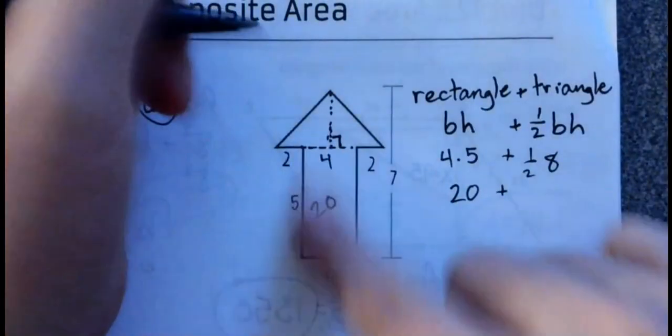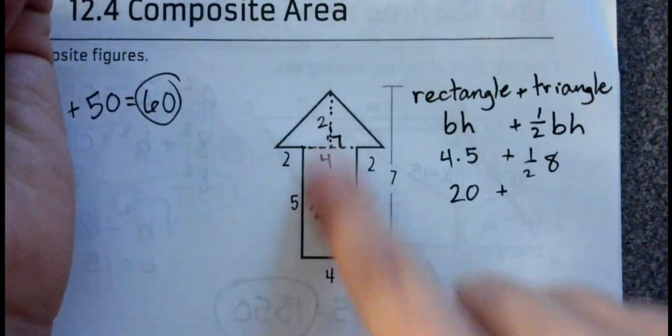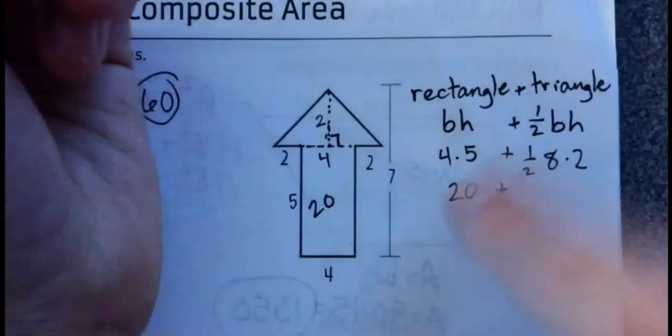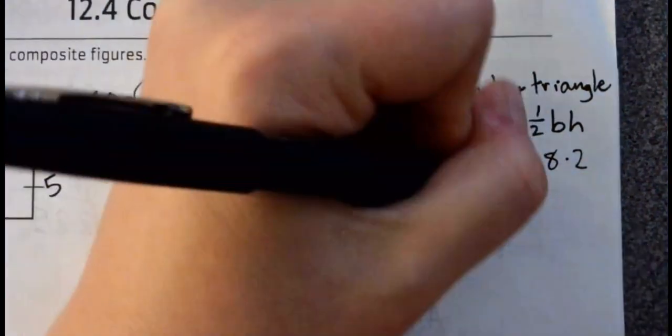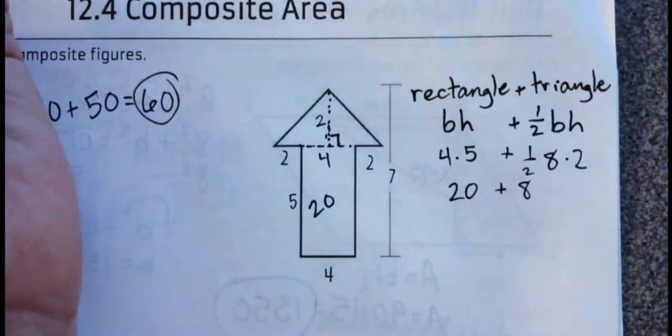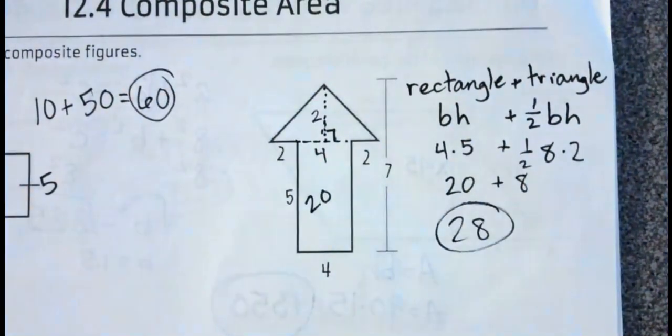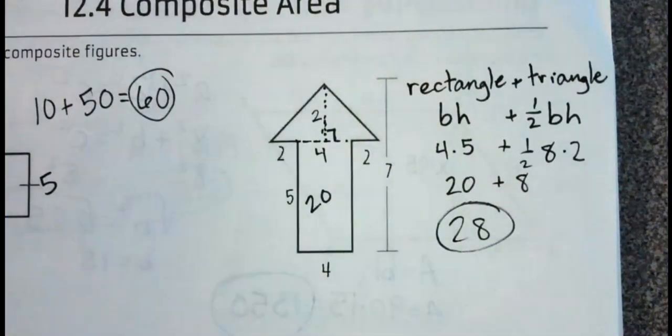The total minus the rectangle is 2, because these are all vertical lines. So that means 1/2 times 8 times 2. So the area is going to be 8, because the 1/2 and the 2 can cancel out. 28 is your total. Let us move on.